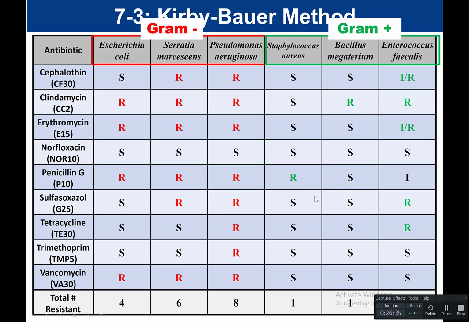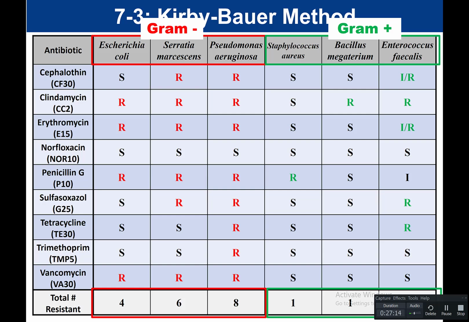If we compare that with the gram-positives, we only have 1 resistant for Staph aureus, we only have 1 resistant for Bacillus megaterium, and we have 5 for Enterococcus faecalis. So collectively, this has 7 resistant. So we have 18 resistant here, 18 resistant there, and only 7 resistant here. So what you'll notice is that in general, gram-negative bacteria are typically more antibiotic resistant than gram-positive.